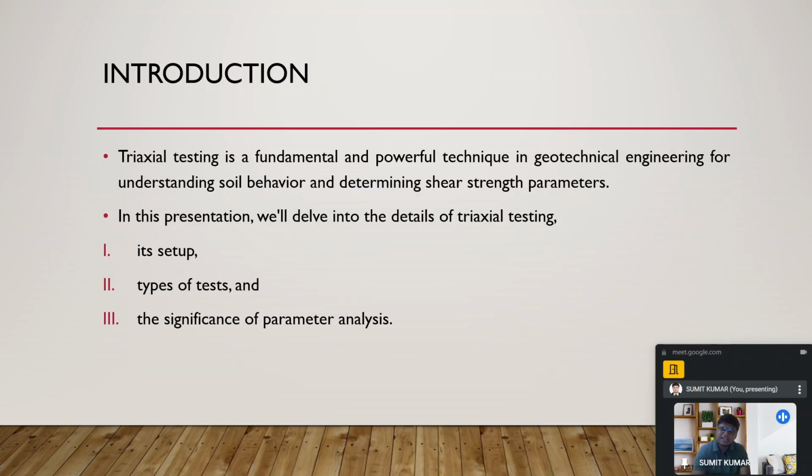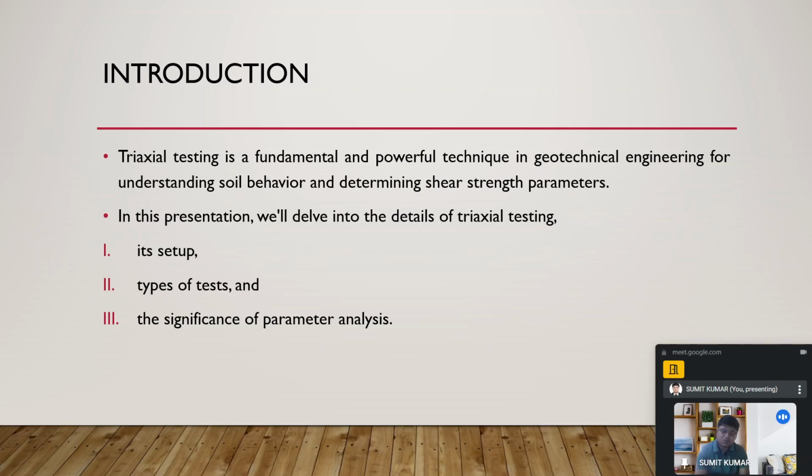When we talk about other aspects of triaxial testing, it is one of the fundamental and most powerful techniques in geotechnical engineering, through which soil behavior is understood to a greater extent, and we are able to find the shear strength parameters like C and phi. During these presentations, the triaxial testing setups will be shown to you.